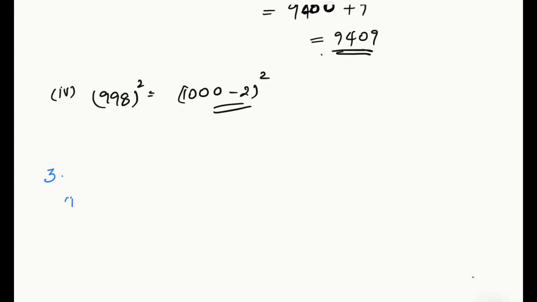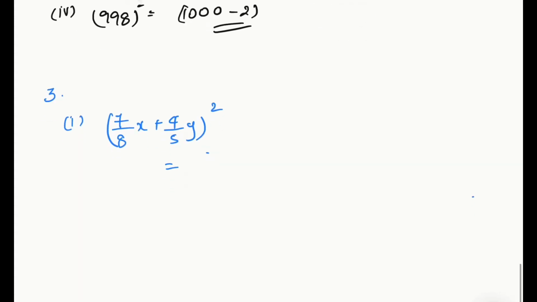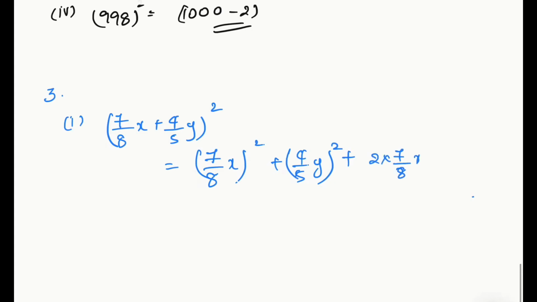Evaluate. First one, 7 by 8x plus 4 by 5y whole square, that is equal to 7 by 8x whole square plus 4 by 5y the whole square plus 2 into 7 by 8x into 4 by 5y.